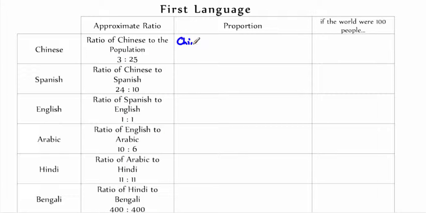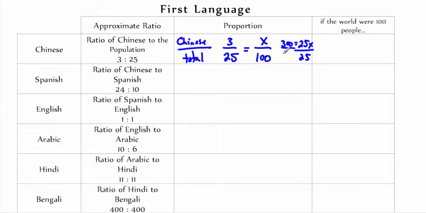So if I did Chinese over the total, I know it's 3/25, but I want to know what is it out of 100. So again, I can do my cross products. 3 times 100 is 300. X times 25 is 25x. Divide both sides by 25, and I would get 12 people.